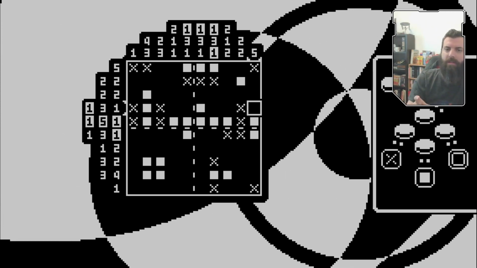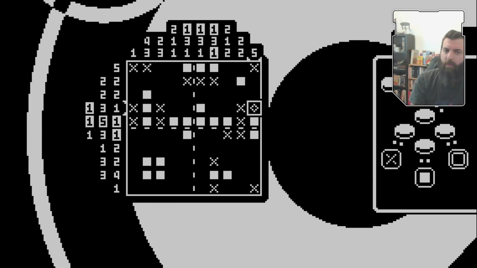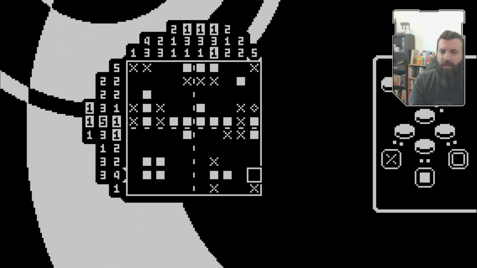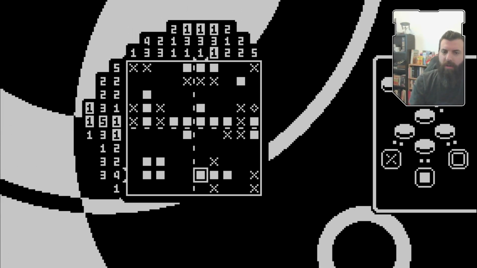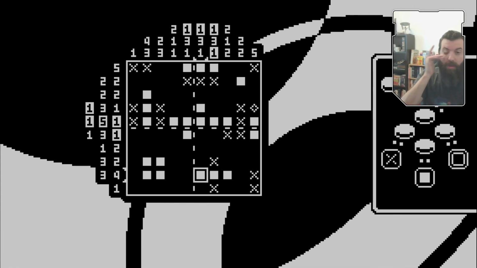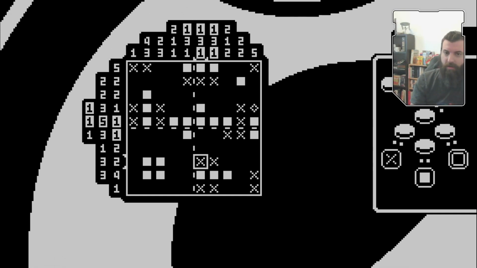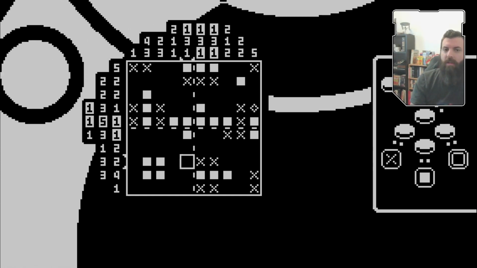All right, let's guess that one of the vertical pixels is here. That means that there's not a pixel here, which tells us this has to be filled in for the 4, which tells us that these pixels aren't filled in.